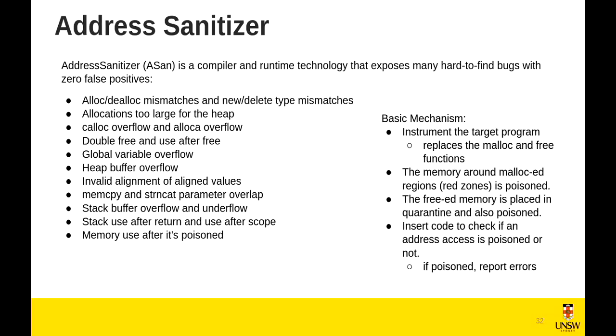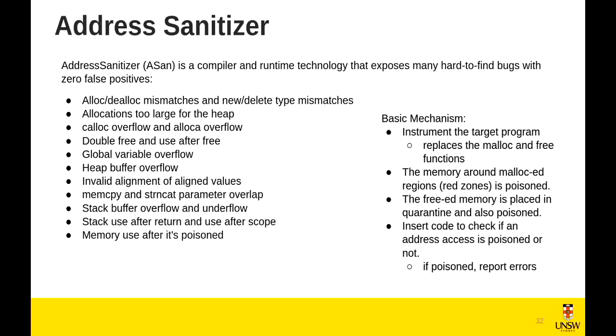So it still does the allocation functionality. It still helps the program to allocate memory just as a normal malloc function, but it is modified to work a little bit differently. The difference is that this replaced malloc function will try to mark the memory around the allocated regions as red zones, or as poisoned.